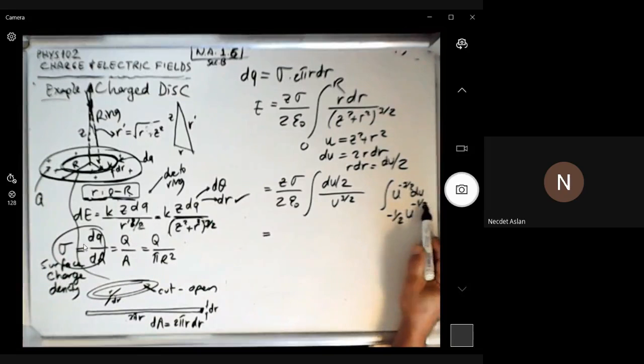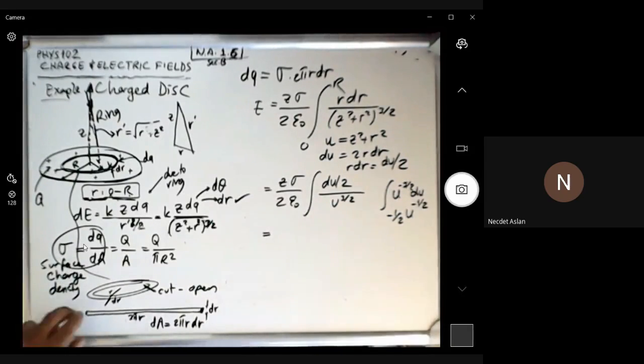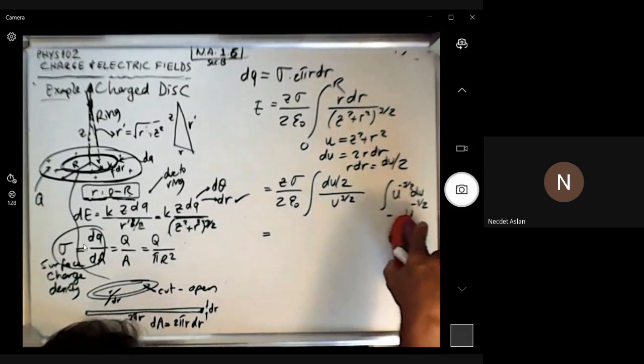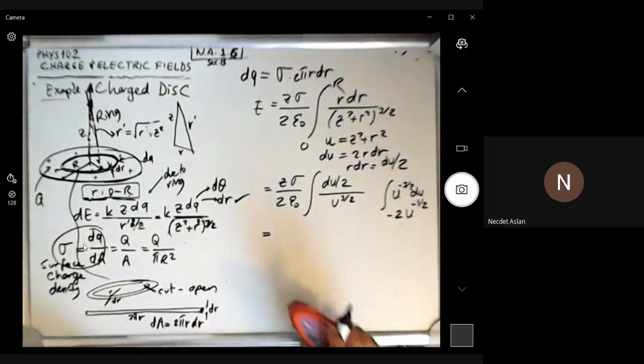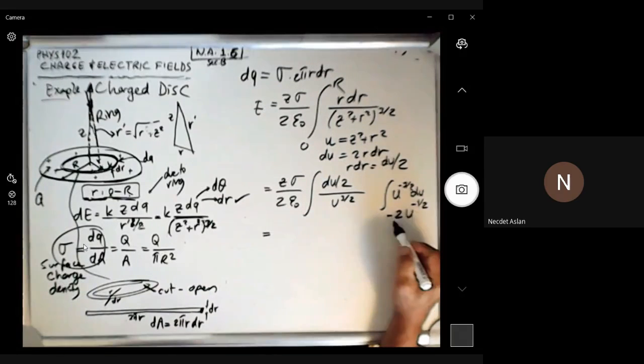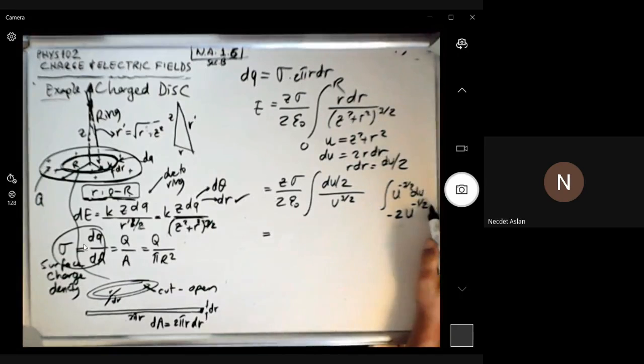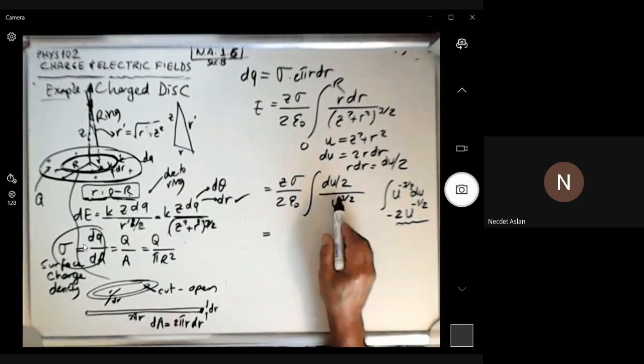Because when you take the derivative of this expression, the derivative of u to the minus 1/2 is just put this in the front, so minus signs and 2's will cancel, and u to the minus 1/2, because you subtract 1 from the exponent. This is how you get the derivative of the exponential terms. So basically, this is the result for this one, okay?